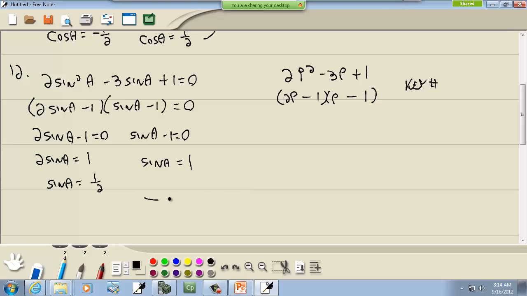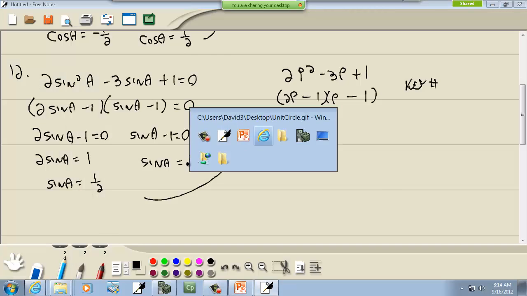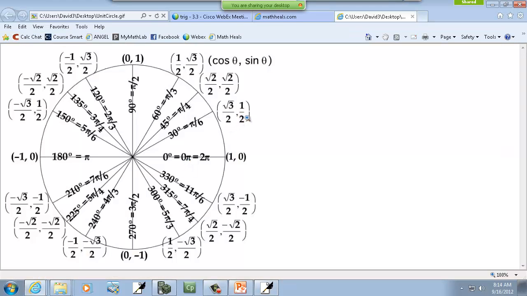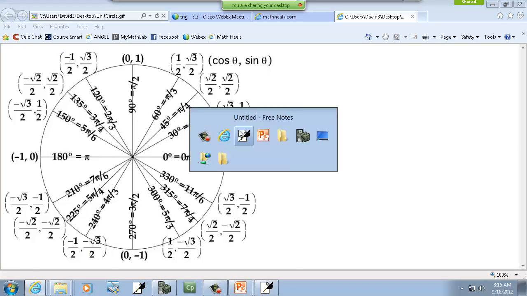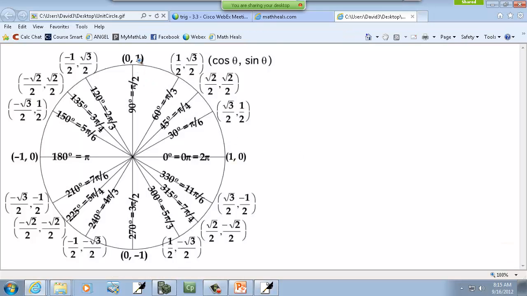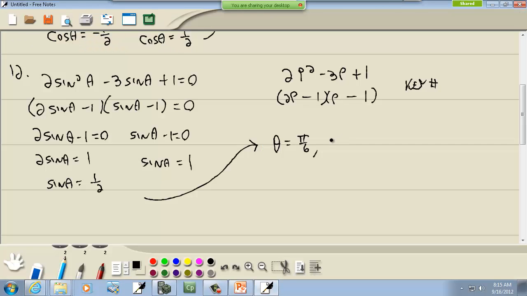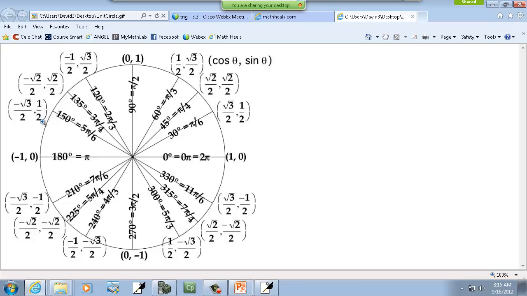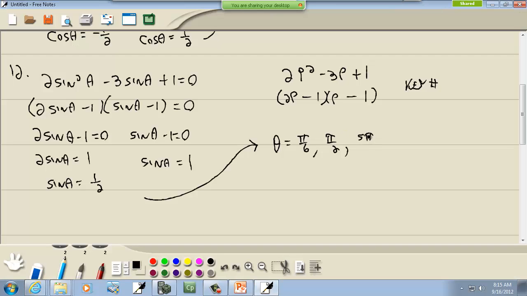Okay, so now we're going to go look where sine is equal to 1/2 or 1. Sine is our y part on a unit circle. Well, here's a y of 1/2, so pi over 6. Here's a 1, so pi over 2. And over here, here's another 1/2 for our y, so 5 pi over 6. And those will be our three answers.